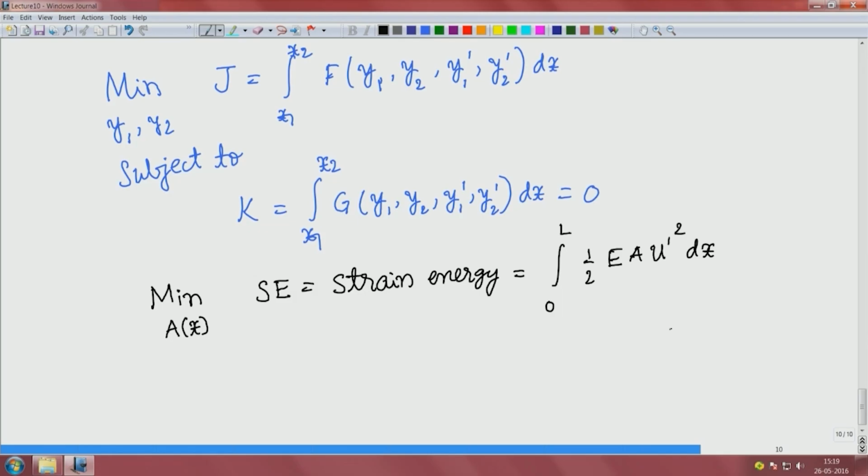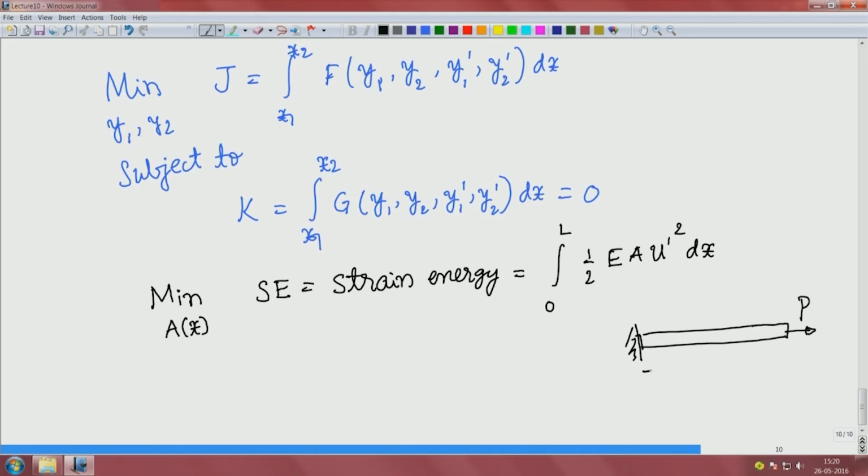So, what we are considering here is a bar, normally a constant cross section bar. Let us say it is fixed here and a force P is applied; you know how to calculate its deflection.